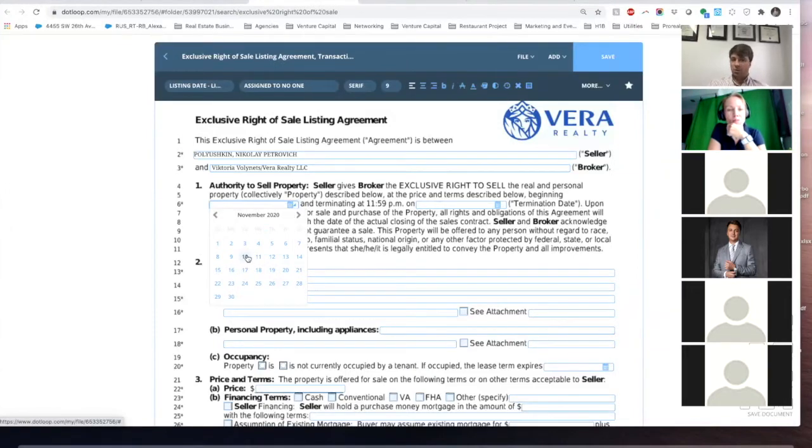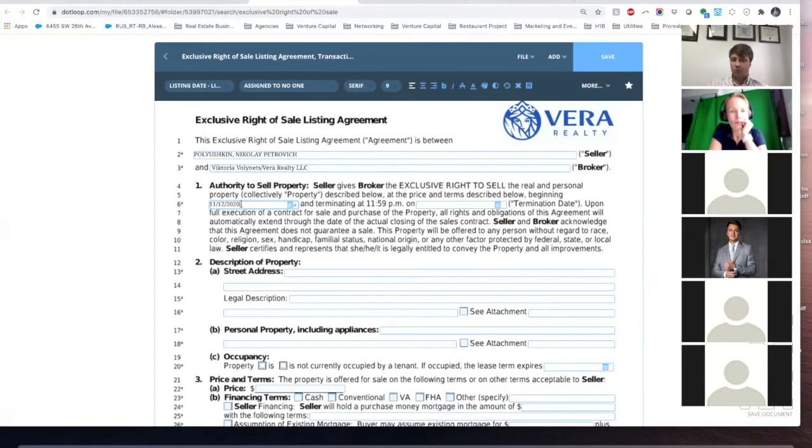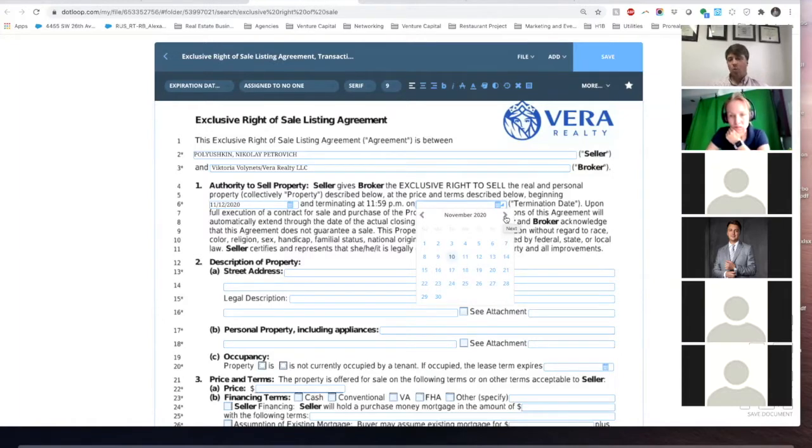So let's say you already have all the pictures for the property, and you will need time to prepare the listing. So let's say you will be posting the listing on the 12th of November, and termination date. Usually, you need to try to get the listing for at least half a year. If it's a more luxurious property, do at least a year, because you will be investing time and your energy into marketing and advertising it.